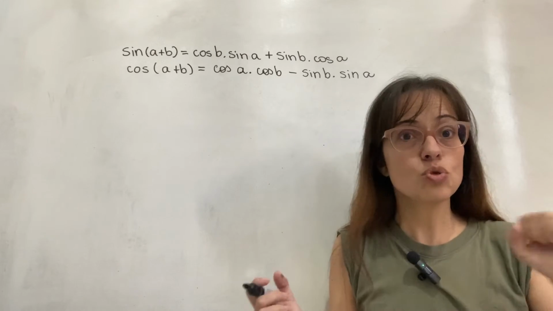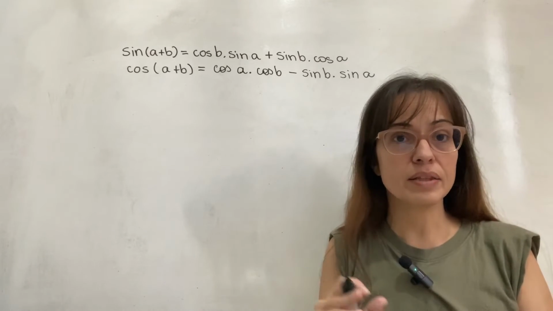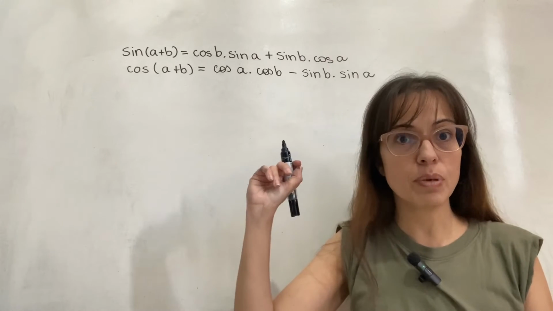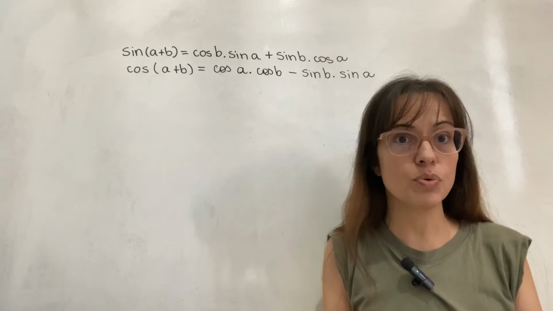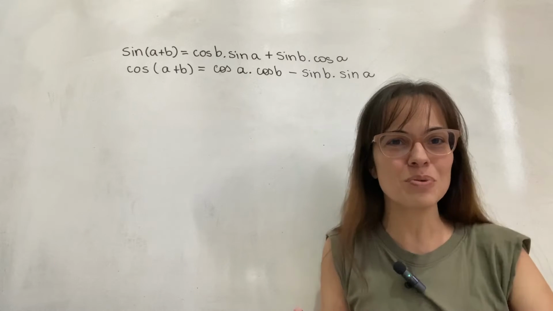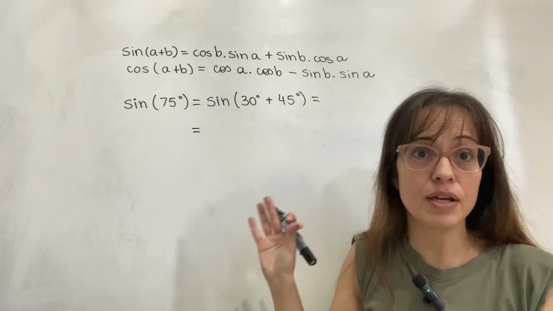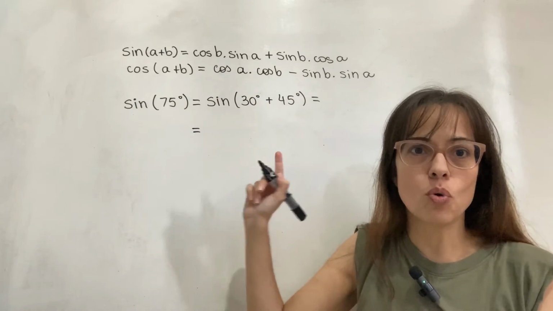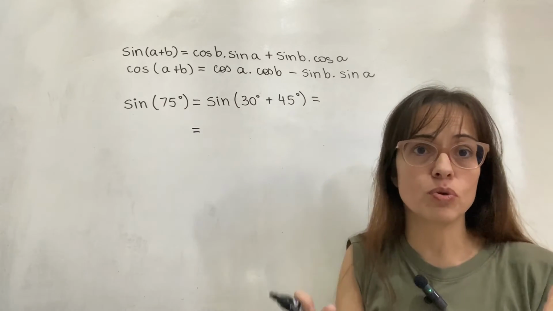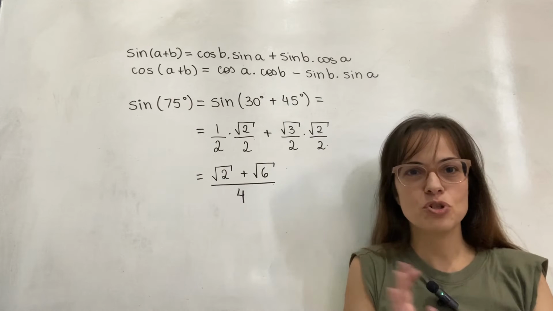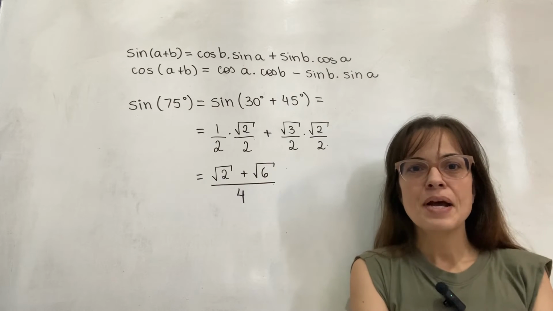And there is one angle that you can get the sine and the cosine for quite easily by doing this, which is 75 degrees, which you never knew the sine and cosine of before, but it is 30 plus 45. So you can use the compound angle quite easily to figure out the sine and cosine of 75. I'll let you do the cosine as an exercise.